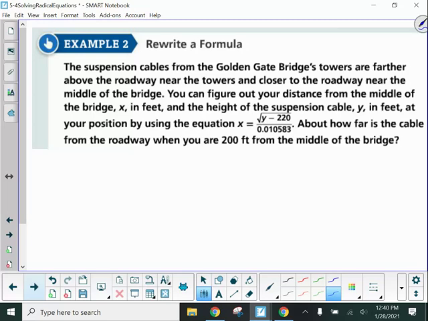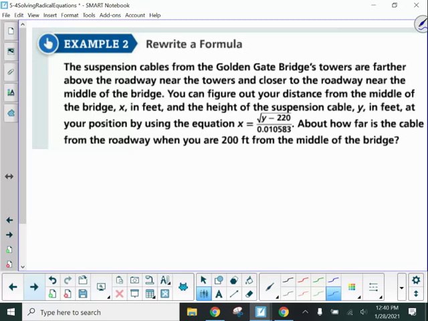We have the equation x equals the square root of y minus 220, divided by 0.010583. It asks, how far is the cable from the roadway when you are 200 feet from the middle of the bridge? Your distance from the middle of the bridge is x, and we need to solve for y.